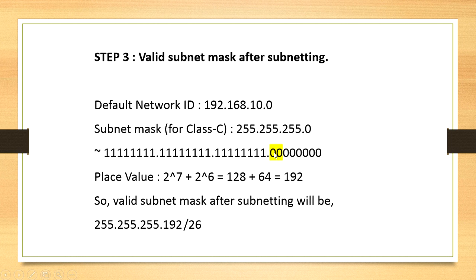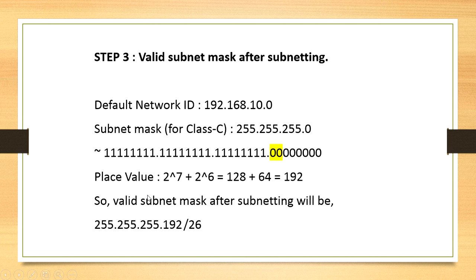Now we need to find the place value of these 2 bits. This is how we find it. This is 0 1, and the place values go 1 2 3 4 5 6 and 7. So for this bit it will be 2 to the power 7, and for this bit it will be 2 to the power 6. Adding these two we get 128 plus 64, that is 192.